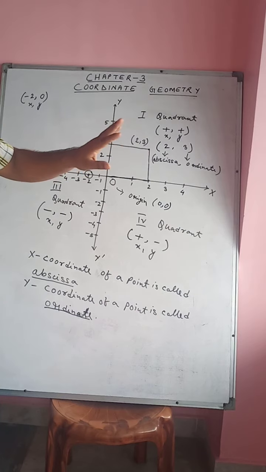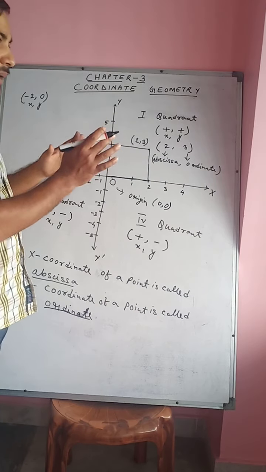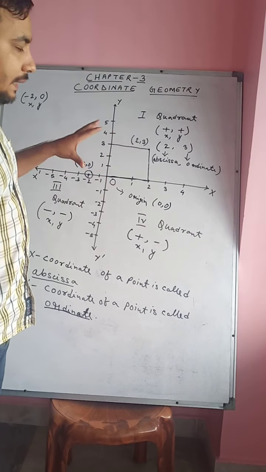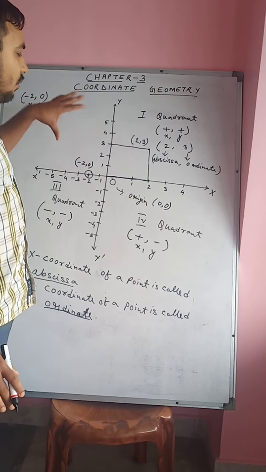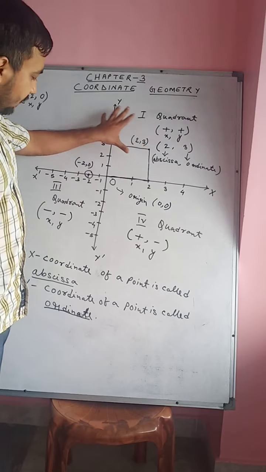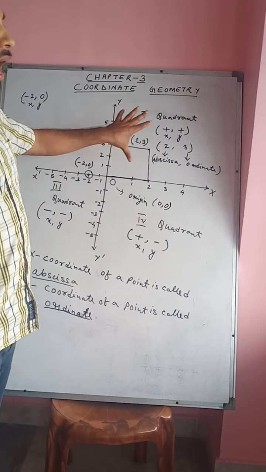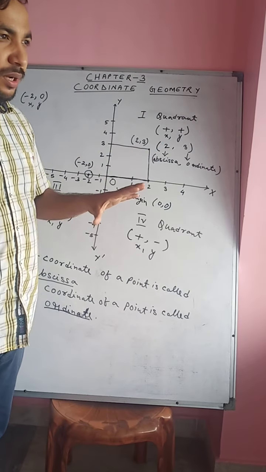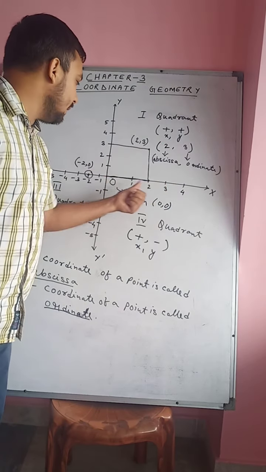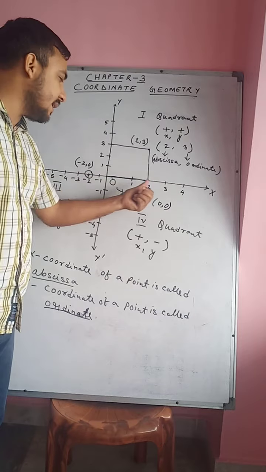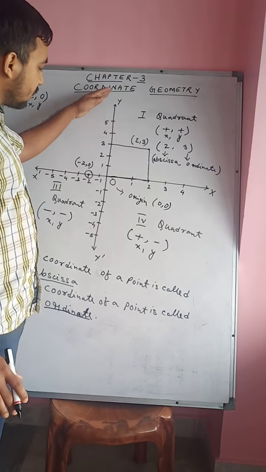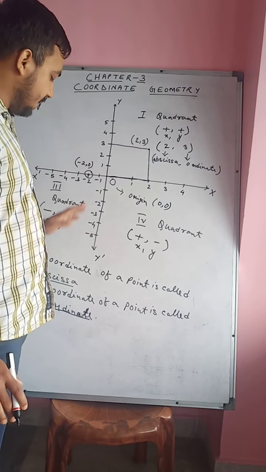Now I want to give you the summary of this. Coordinate geometry means we represent points on a plane, and that plane is called the Cartesian plane. When we represent it on a plane, we need two perpendicular lines, one horizontal, XOX', called the x-axis or x coordinate, and another one, YOY', called the y-axis or y coordinate.